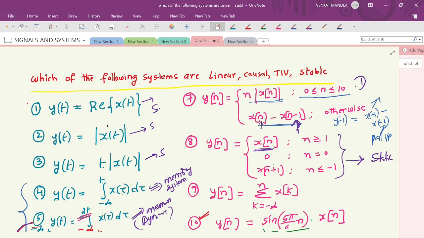Here it is not depending on past inputs; it depends only on present inputs or future inputs also. Strictly speaking, it is not static also, because for a static system, it has to depend only on present inputs, right? So it is depending on future inputs also. Okay, this I have to check once again.